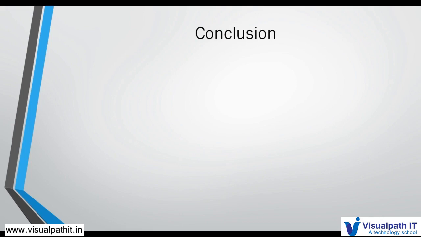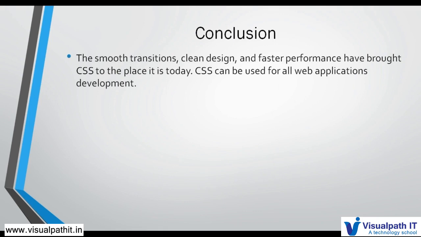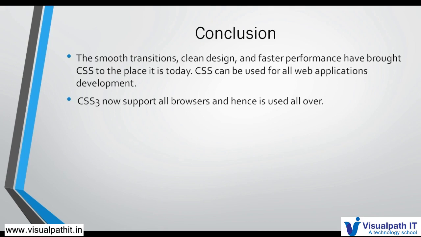Now coming to the end, let's conclude. This revises the conclusion for the entire topic: the smooth transitions, clean design, and faster performance have brought CSS to the place it is today. CSS can be used for all web application development. Now CSS3 supports all browsers and hence it is used all over.